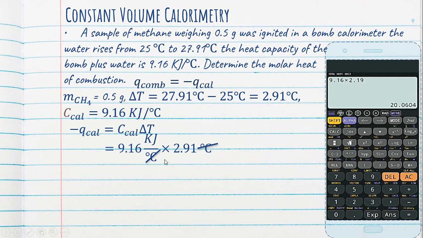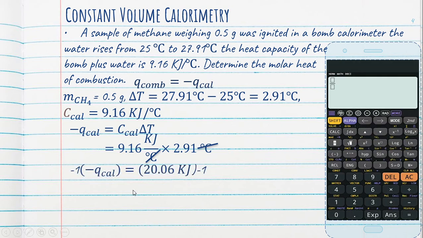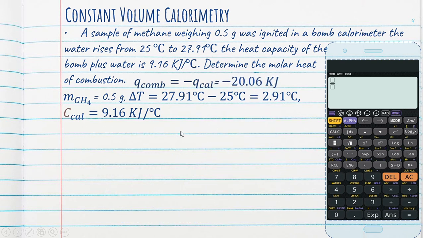Now we have negative heat cal, multiplied by negative 1 so that the negative in heat cal will be gone, and so we have this answer. This means that this is an exothermic reaction, and heat cal is equal to heat combustion. It is just the same.